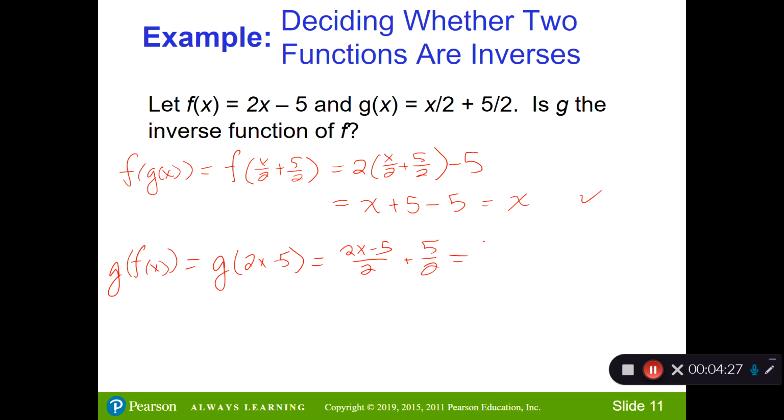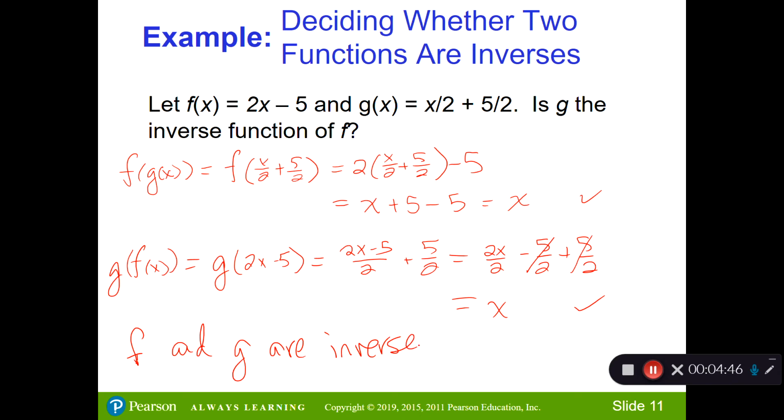We get 2x over 2 minus 5 over 2 plus 5 over 2. These subtract off. And then 2x over 2 is just x. That works. So f and g are inverses.